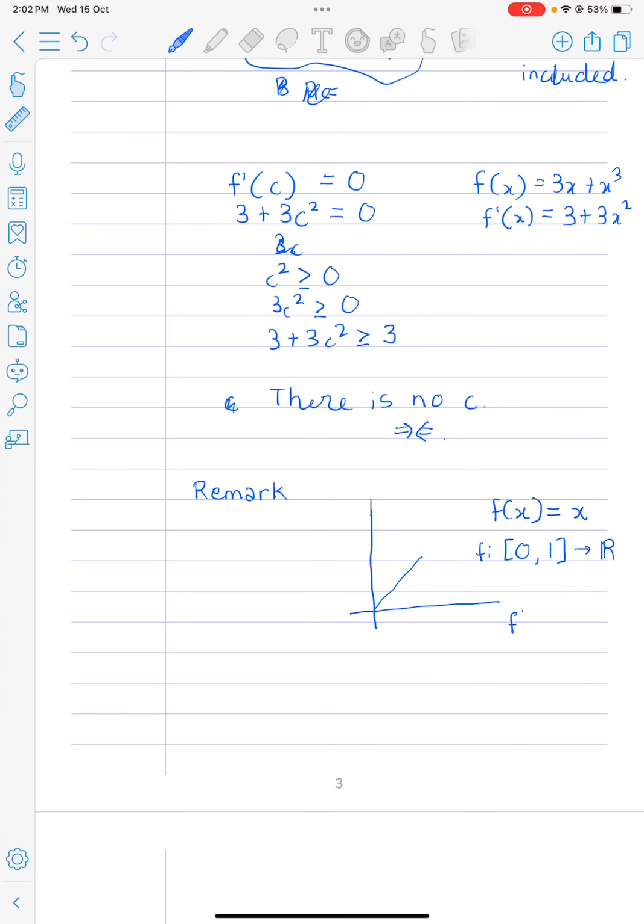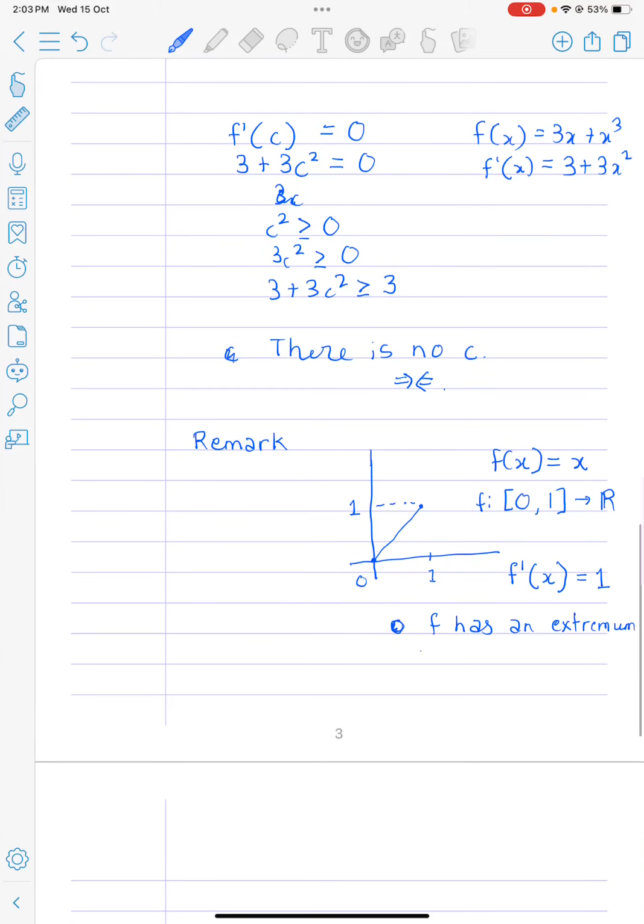Let's see f'(x). What is this? This is 1, right? You can see f has an extremum at 0 and also an extremum at 1. In particular, it has a minimum at 0 and a maximum at 1, right?